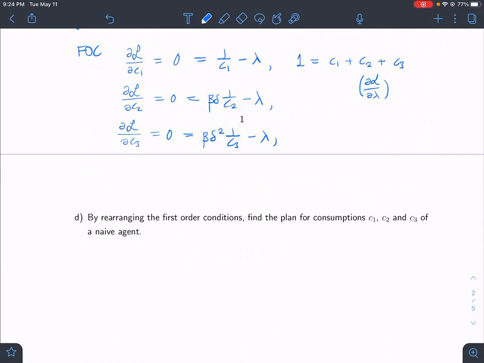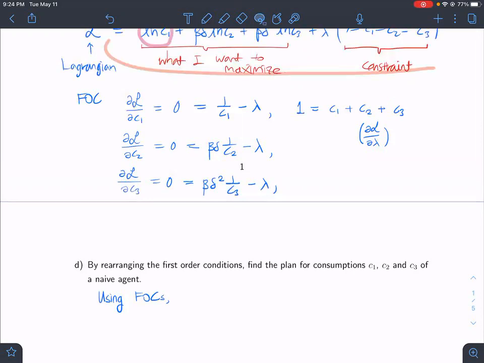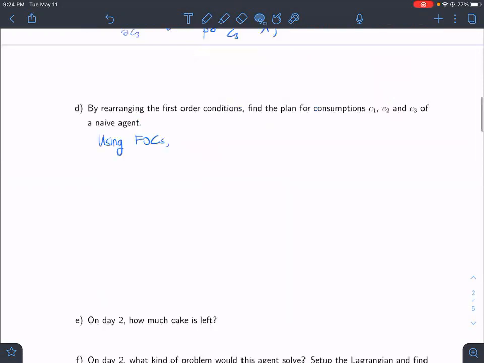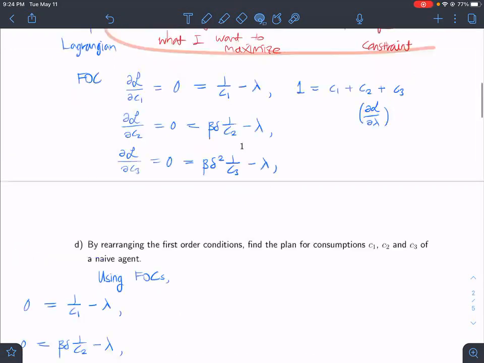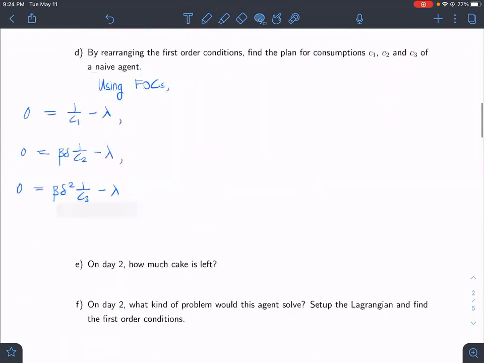Using the FOCs, I copy and paste this part from above. The first one, let me use color red.